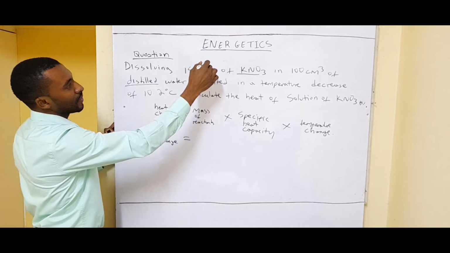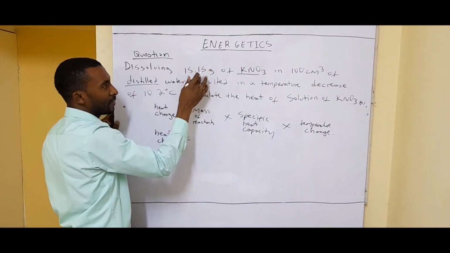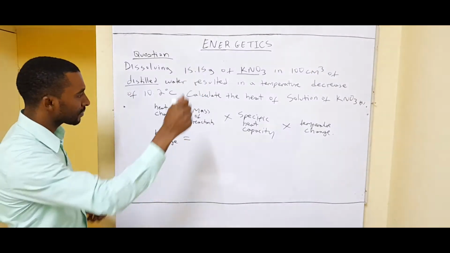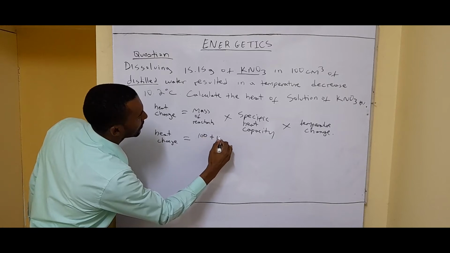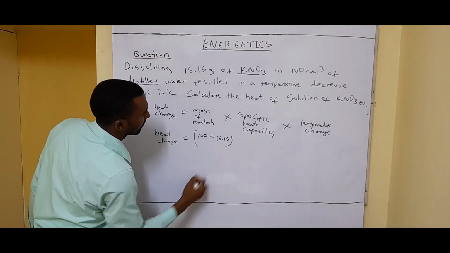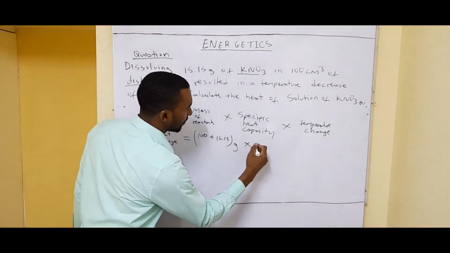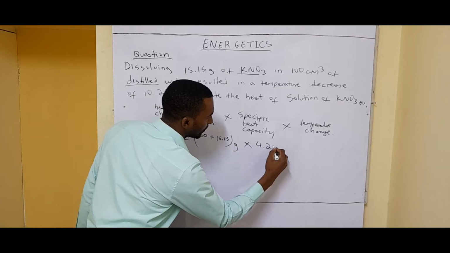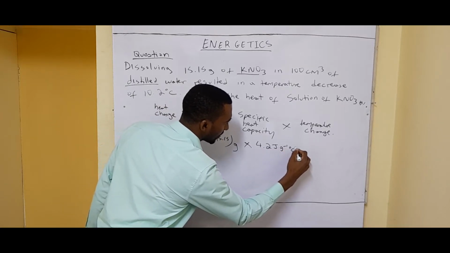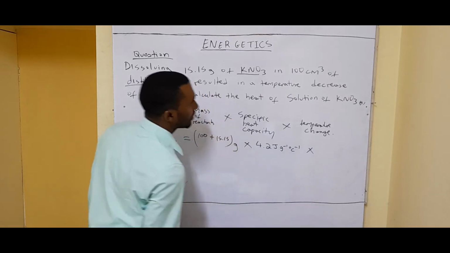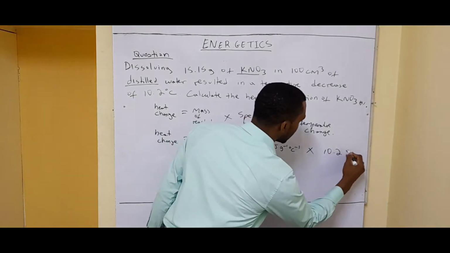So the total mass is going to be 100 for the water plus 15.15 for the potassium nitrate. This is going to be 100 plus 15.15 for the mass, times the specific heat capacity for water, which is 4.2 joules per gram per degree Celsius, times the change in temperature, which is 10.2 degrees Celsius.